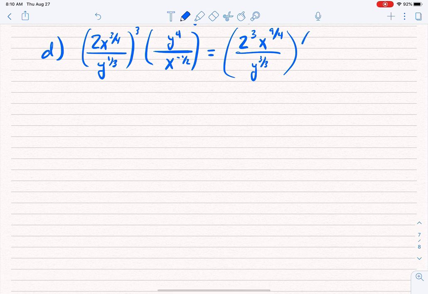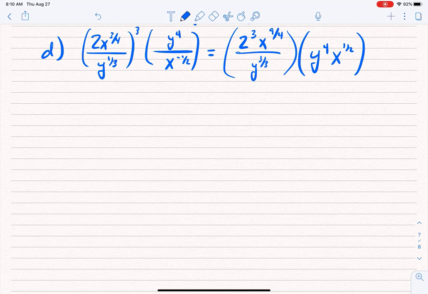And all this is still being multiplied by y to the 4th over x to the negative 1/2. Now, you see that negative 1/2 on the bottom. I could go back and simplify that and say this is the same thing as y to the 4th times x to the 1/2. The negative brought it up to the top of the fraction.